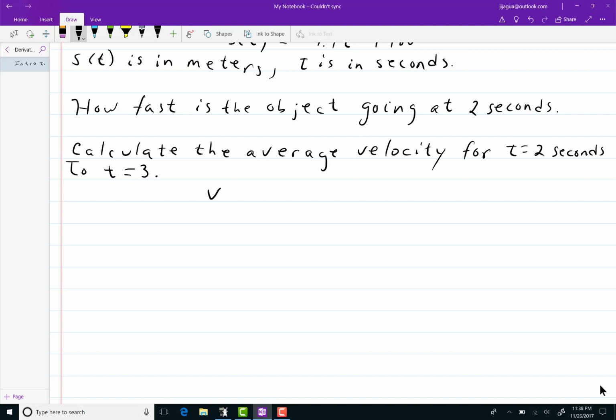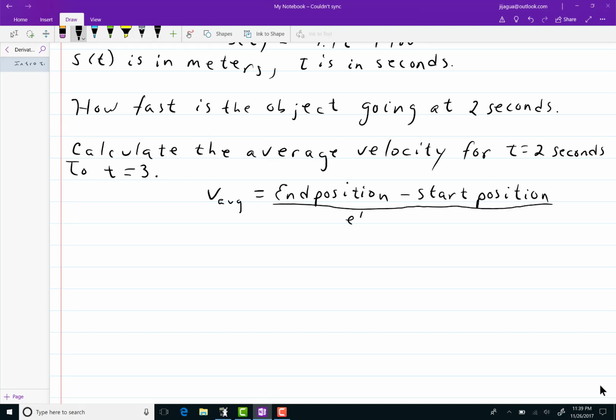The average velocity, so I'll write it as v sub avg, equals the ending speed, or end position, in this case the ending height, minus the start position, divided by the elapsed time. So what I have in this case, t is going from 2 seconds to 3 seconds.